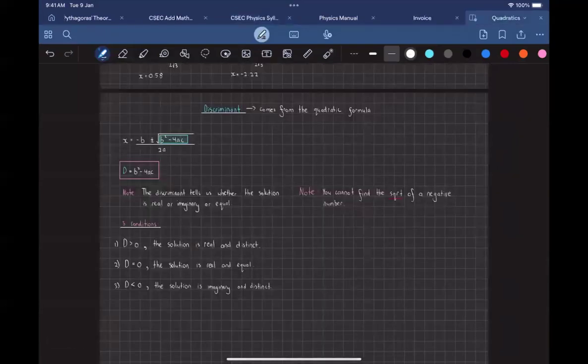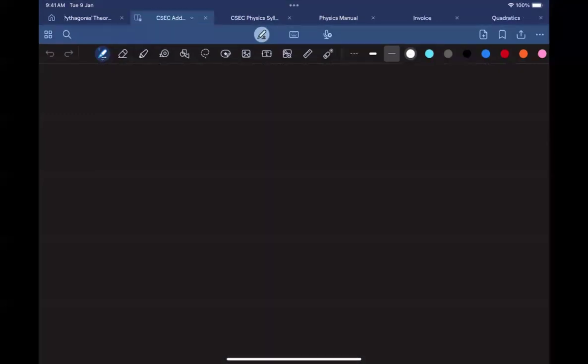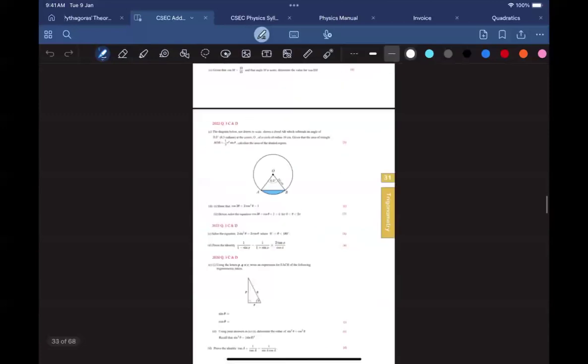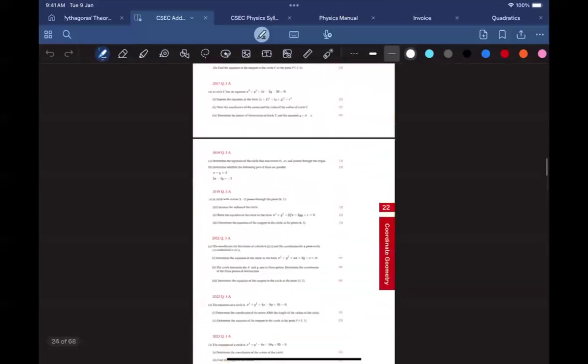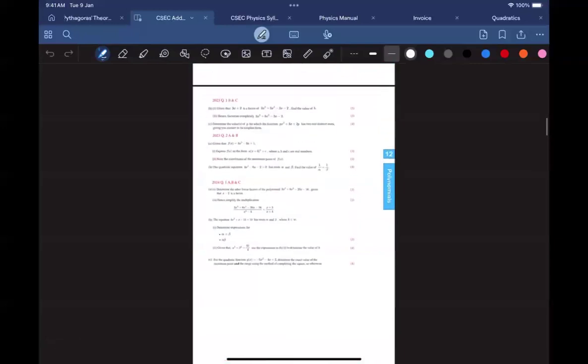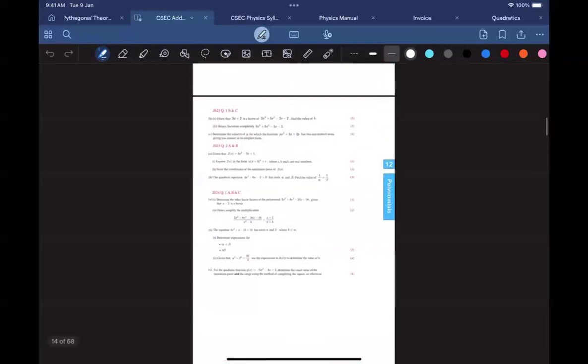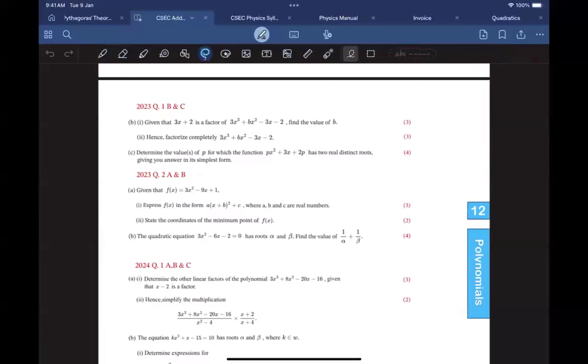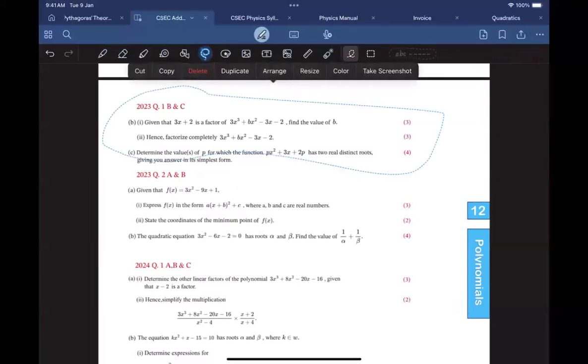We have to do some other stuff and we'll have to come back to discriminants. Yeah, question. Find that question already. Oh boy. Copy this.